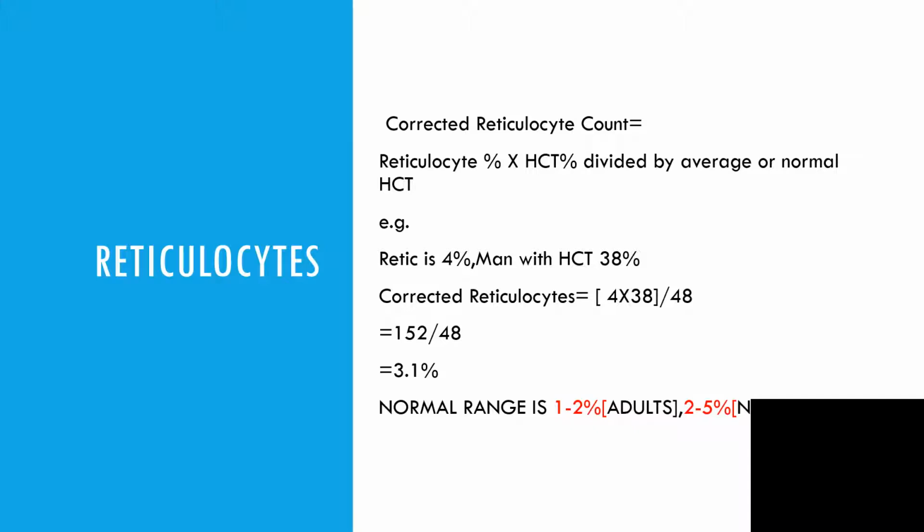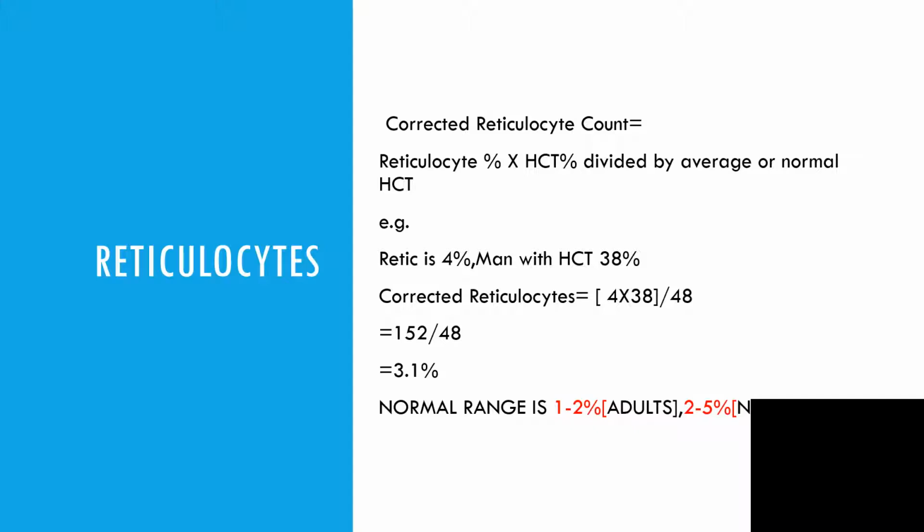Some will take 45%, or as the normal hematocrit for this man at 50 or 60. So I'm going to get 4 multiplied by 38 divided by 48, and that will give me 3.1. The normal range is about 1 to 2%.